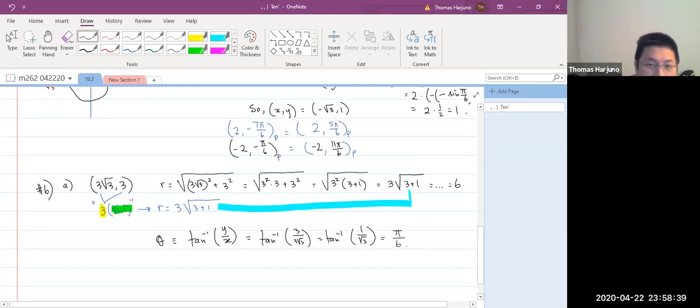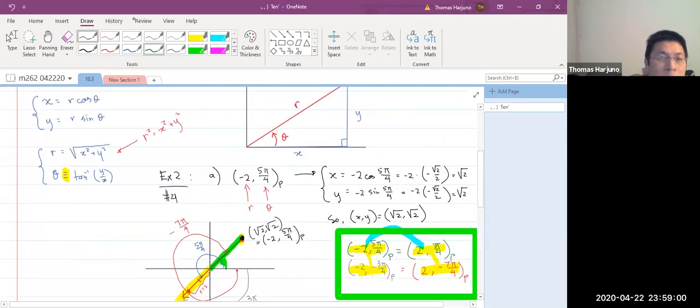Now the thing is, if you use a calculator to compute tangent inverse, you will get either quadrant 1 or quadrant negative 1, while your theta may be in quadrant 1 or 2 or 3 or 4. That's why I said earlier, you need to adjust with the quadrant.